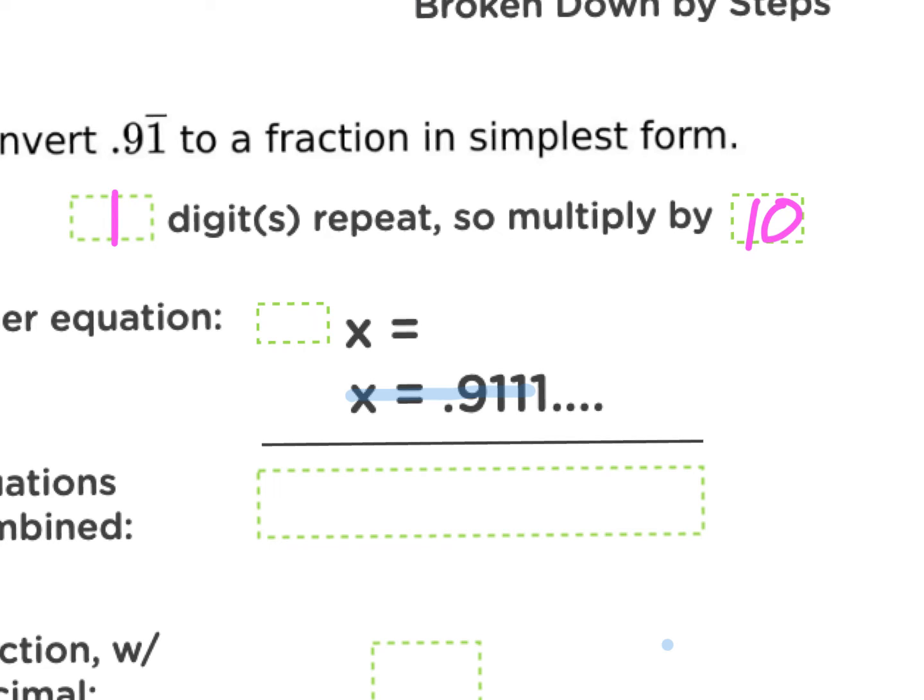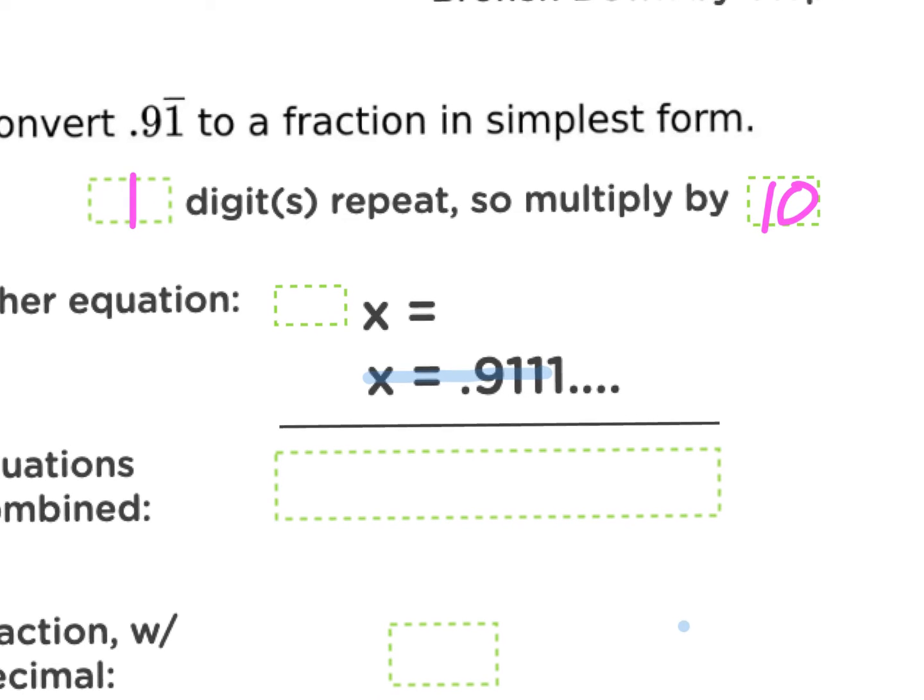So when I go to set up my other equation on top of the original decimal, I'm going to multiply x by 10. Now, what does that mean for the decimal? Since I multiplied the x of the equation by 10, I also have to multiply the right side of the equation by 10.